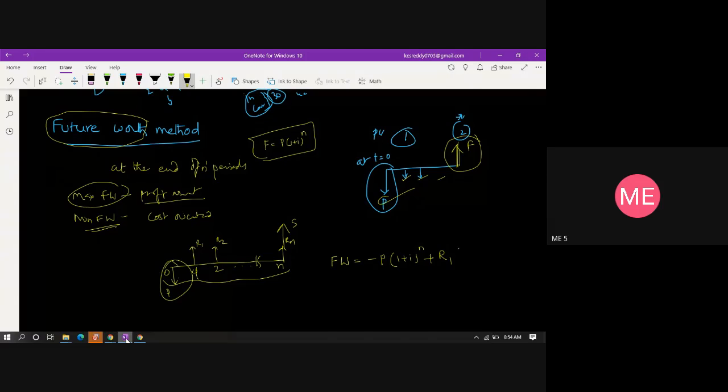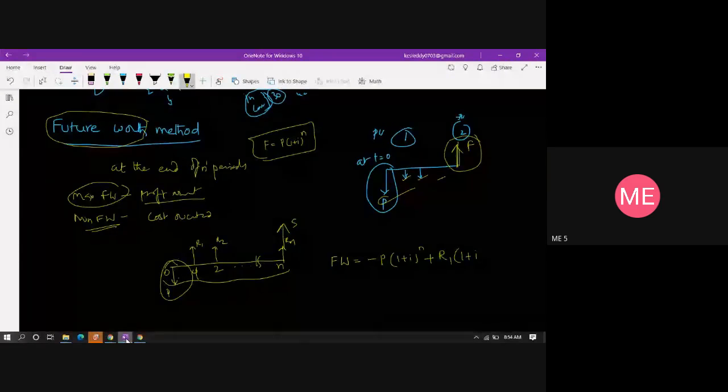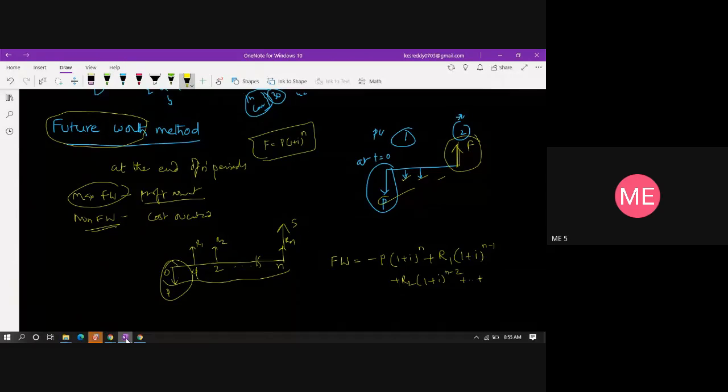R1 into (1 plus i) to the power of n minus 1, plus R2 into (1 plus i) to the power of n minus 2, and so on, plus Rn, which is (1 plus i) to the power of n minus n, that will become 1. Then the salvage value is added. Here we are finding the compounding factor.